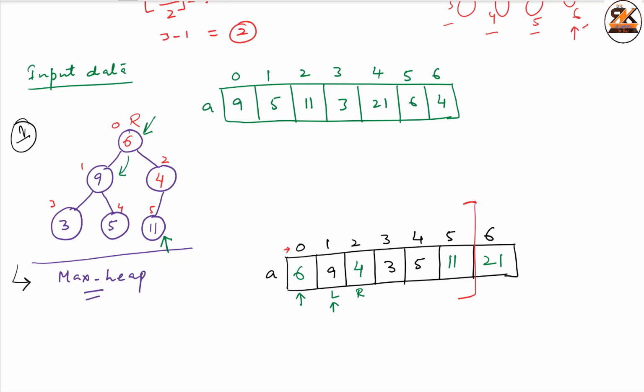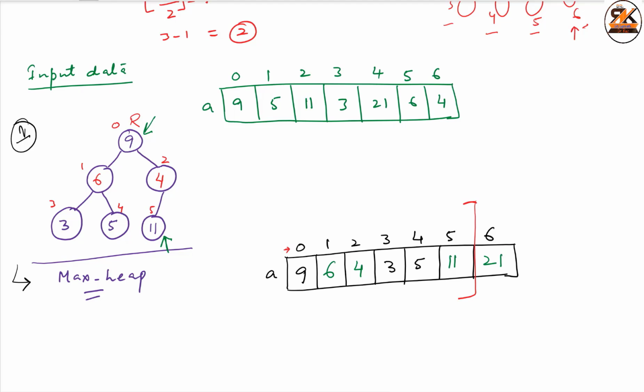So 6 will come to this place and 9 will go up in order to meet the properties of a max heap. So after exchanging 9 and 6, we will have 6 here and 9 here. Okay, so here again we have to exchange 6 and 9 in the array. So 9 will come to this place and 6 will go to this place.